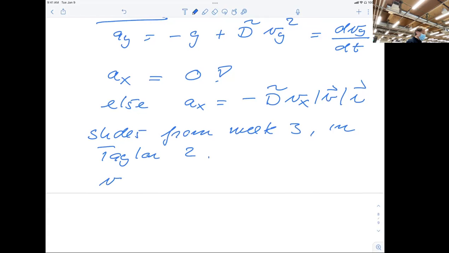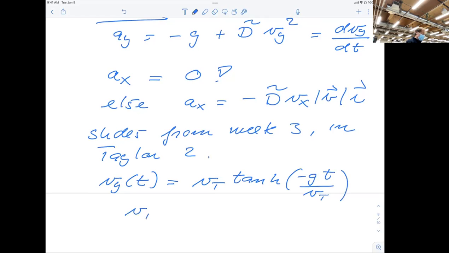When you integrate, because you can separate the variables, you find v of t equal to a constant vt times tanh of minus g times time divided by this constant vt. And this vt is a natural velocity, or system-dependent velocity, and this is equal to the square root of g divided by d.